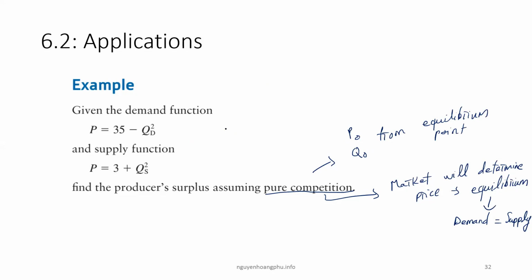So in this part, you will have 35 minus Q_D squared equal to 3 plus Q_S squared, with Q_D equal to Q_S equal to Q star, or let's say Q0 here.